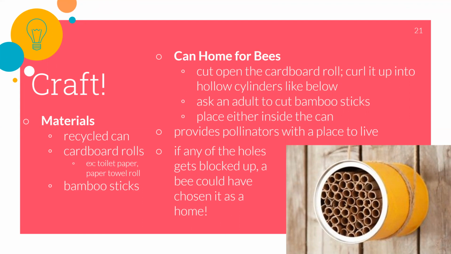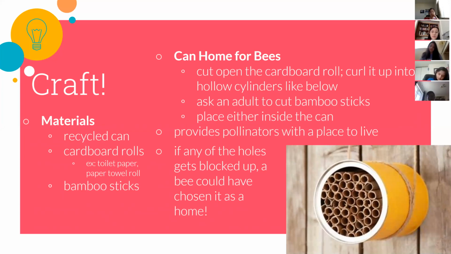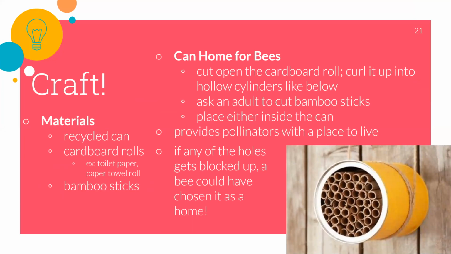Ask a parent or adult guardian to cut the bamboo sticks, and then snugly place all of them into the can. From here, all you have to do is then place the bee can outside and wait for the solitary bees to claim it as their rightful home. You can usually tell if the bees are living inside their bee can home if the holes are sealed with leaves or mud. Next slide, please.